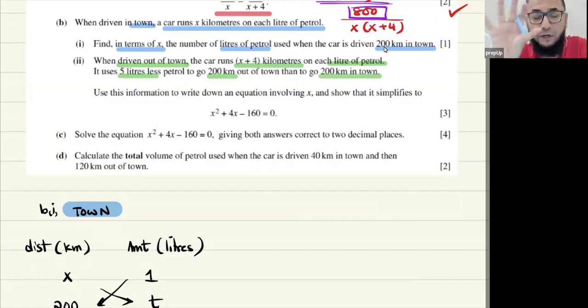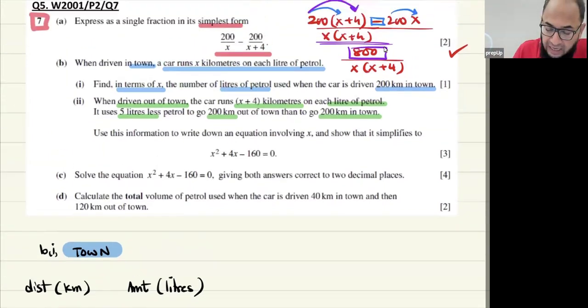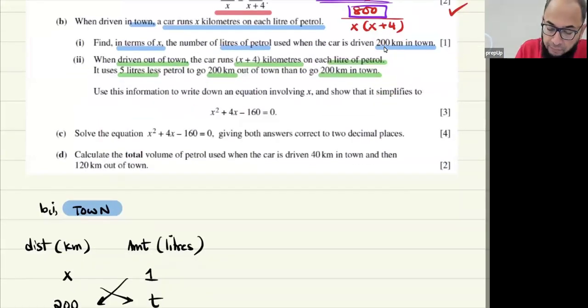Now this is kind of confusing. It really is. Basically, I will take the help from the previous question. When driven in town, the car runs x kilometers on each liter of petrol. Find the consumption, the volume, the amount when the car is driven 200 kilometers in town.